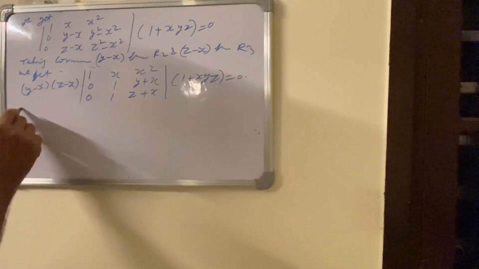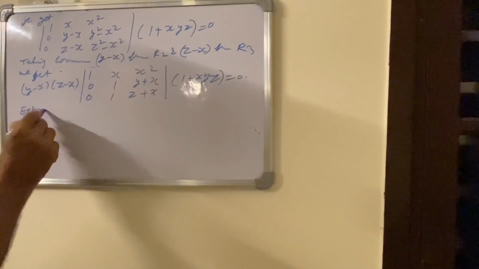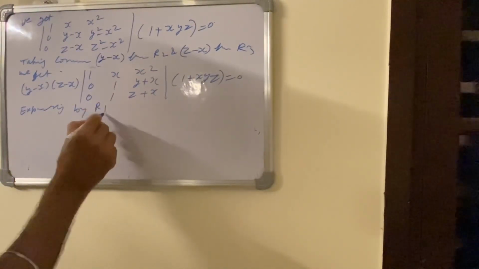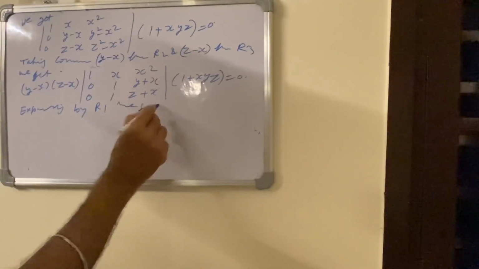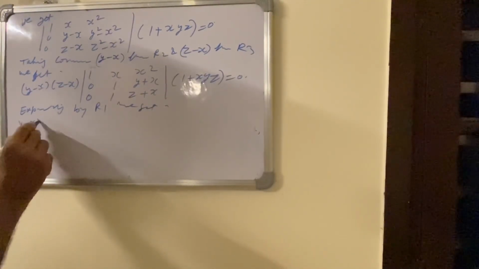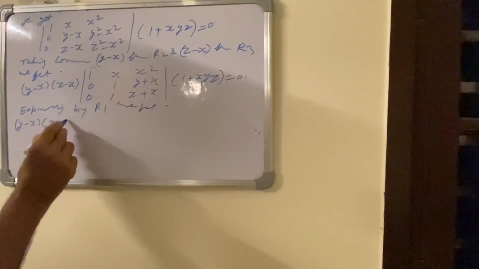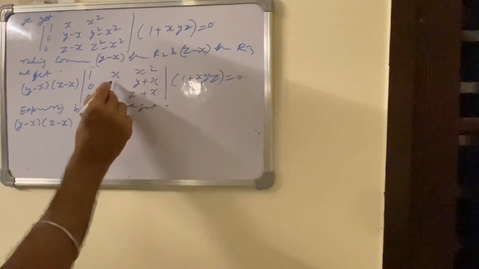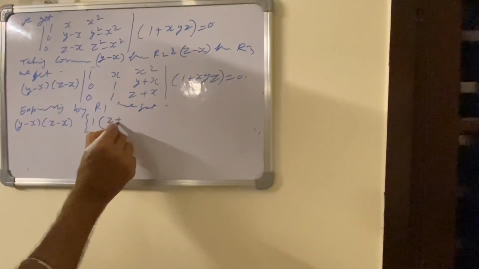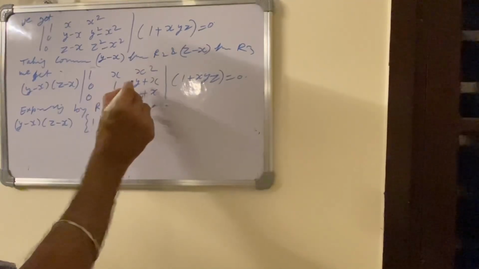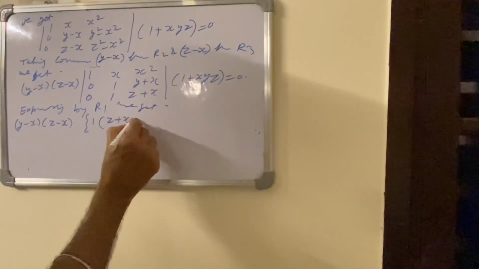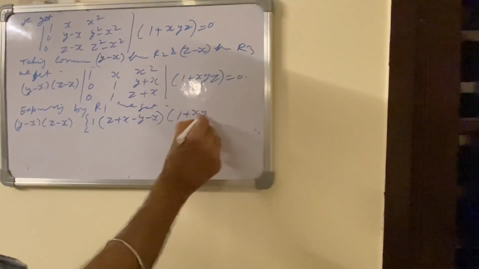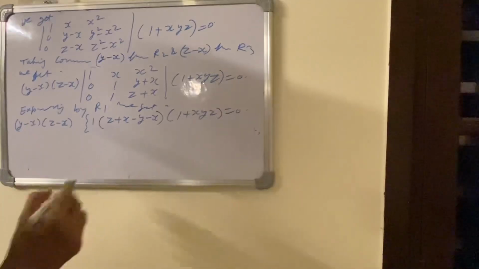Then expanding the determinant by first row R1, we get y minus x into z minus x into 1 into z plus x minus 1 into y plus x, into 1 plus x, y, z is equal to 0.